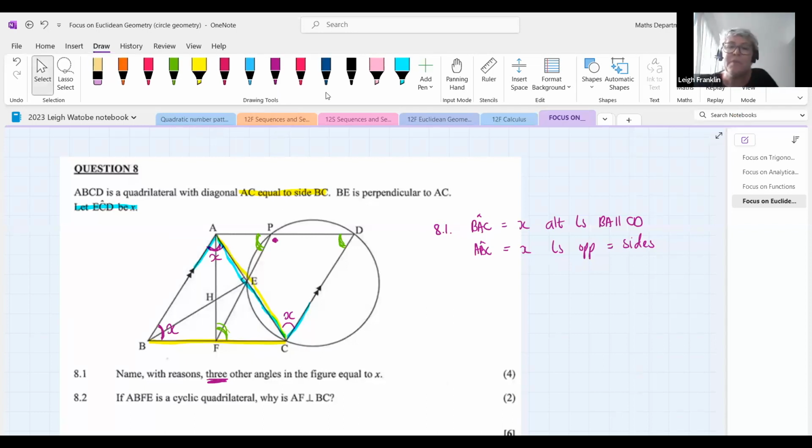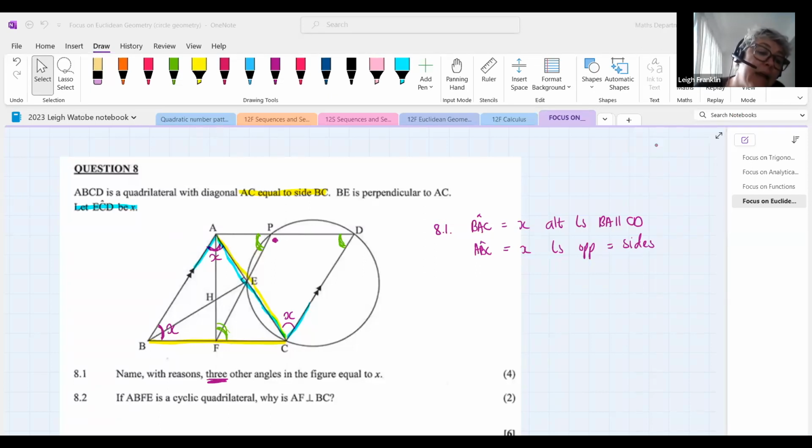Now let's hang on a second and talk about some of the suggestions that have come through here. Let's eliminate the ones that it can't be. It can't be DPF, unfortunately, because we do not know that line PF is parallel to line AB.